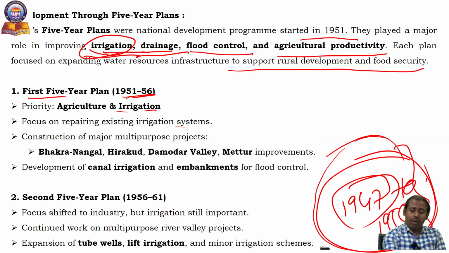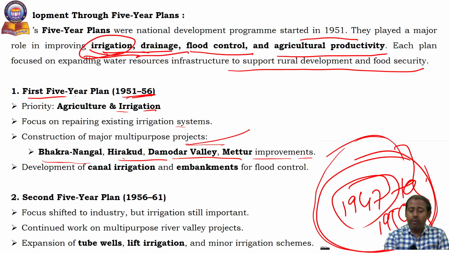They also started some major projects in the first 5-year plan: improvements at Bhakra Nangal, Hirakud, Damodar Valley and Mettur, development of canal irrigation, and embankments for flood control.